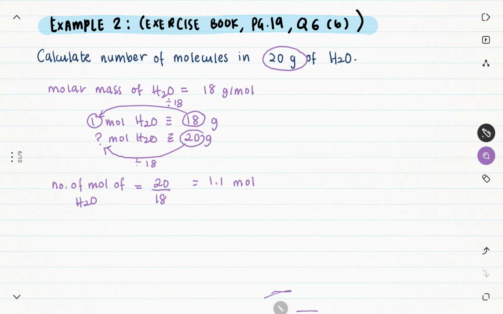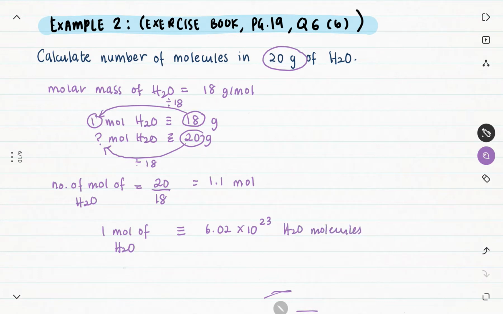Okay, so right now you have calculated the number of mole. To convert to the number of molecules, you need to use Avogadro constant. So 1 mole of water is equivalent with 6.02 times 10 to the power of 23 water molecules.